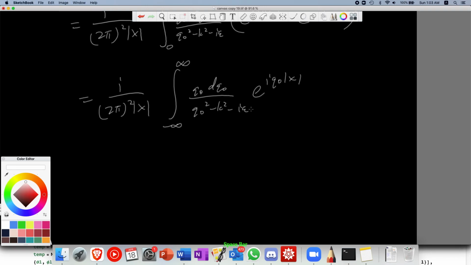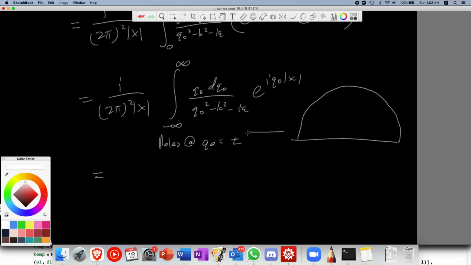Okay, so brilliant. We see we have a minus infinity to infinity integral over here. So what does that hint at us to do? Of course, it's complex analysis. So we need to do this contour integral. We have a magnitude of x over here, which is positive, so we choose the upper contour. Then what kind of poles do we have? We have poles at q naught equals to plus minus square root of k squared plus I epsilon.